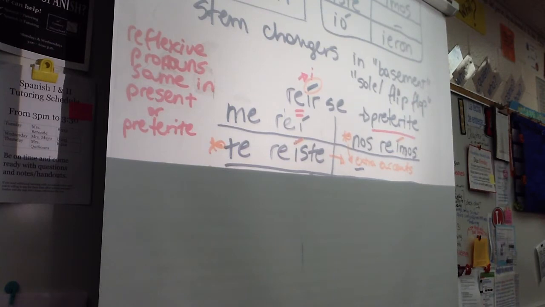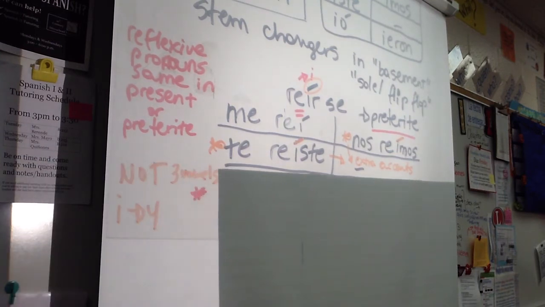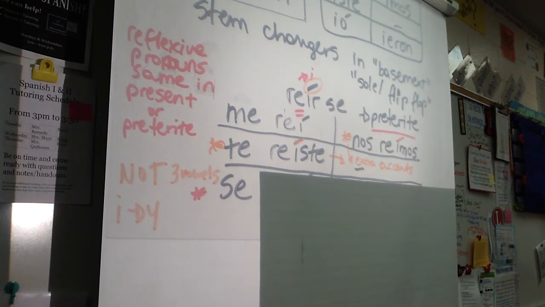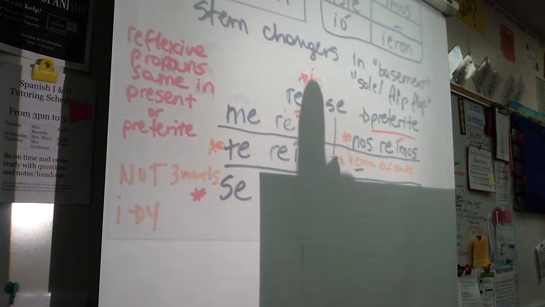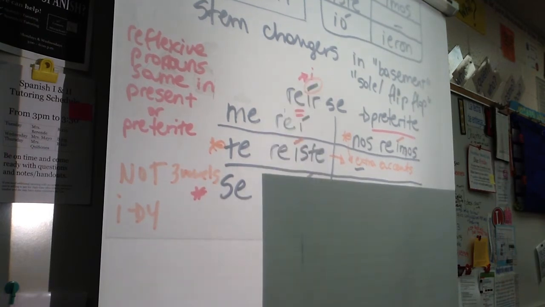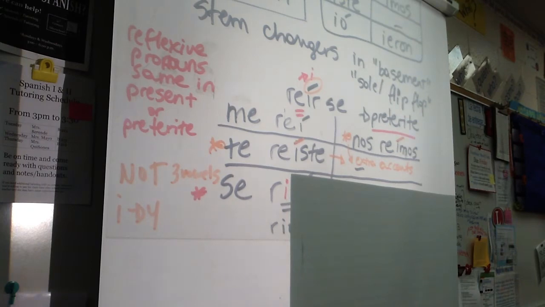But unlike the verb leer, if we were to conjugate this, first we have to deal with the reflexive se. Then we have to deal with the verb itself. Drop the IR. R, E. The E will change to an I because it's in the basement. So R-I. What's your ending that we need there?